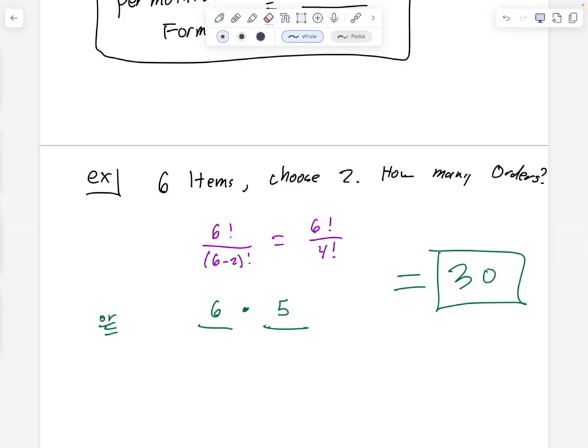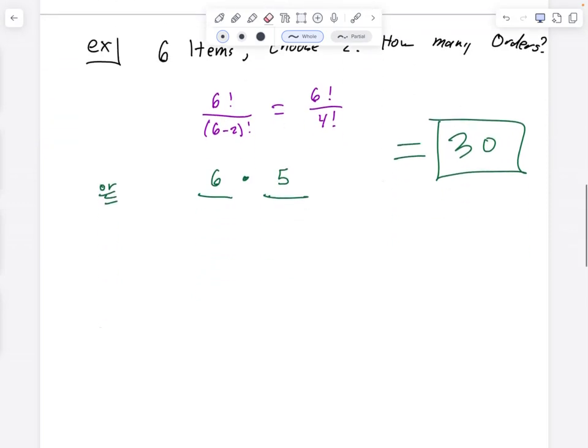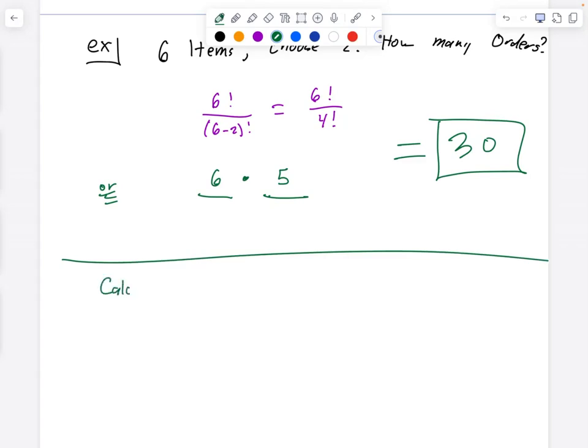Yeah, so let's do that previous example. Following the example of 6 items, choose 2 orders, okay? Using this piece right here, what is n? 6.